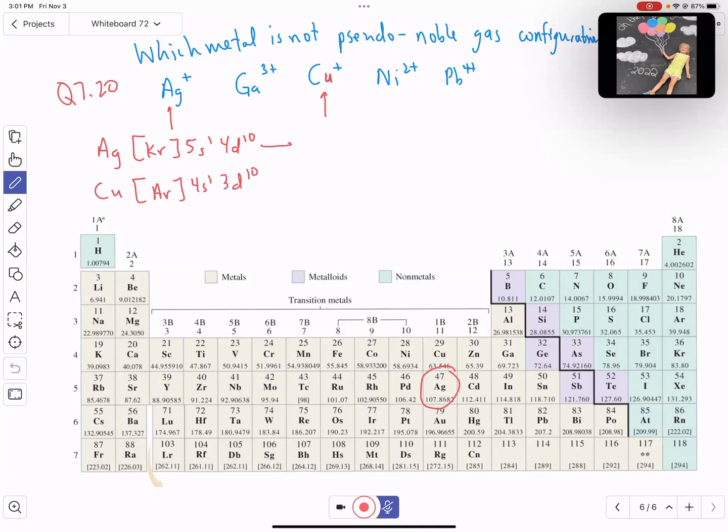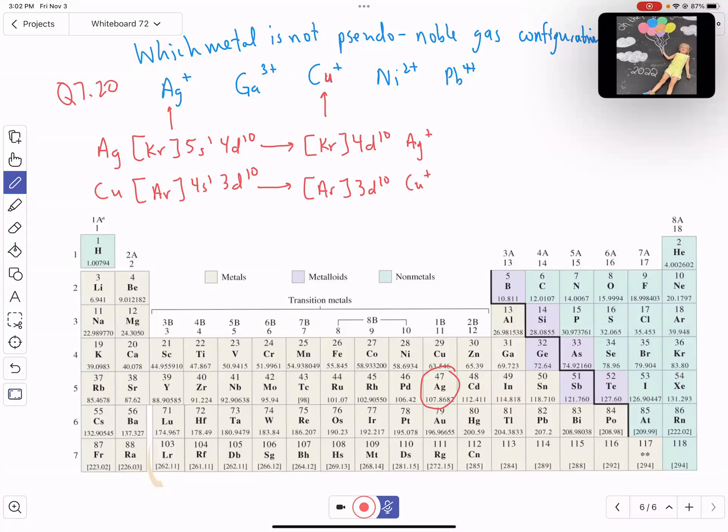So when silver or copper loses an electron, it's going to drop down to krypton 4d10 for silver plus 1. And for copper plus 1, it drops down to argon 3d10. So that becomes copper plus 1.